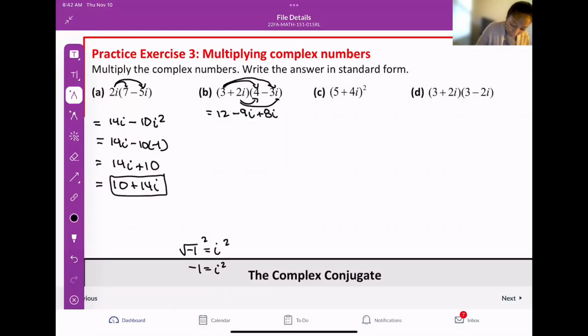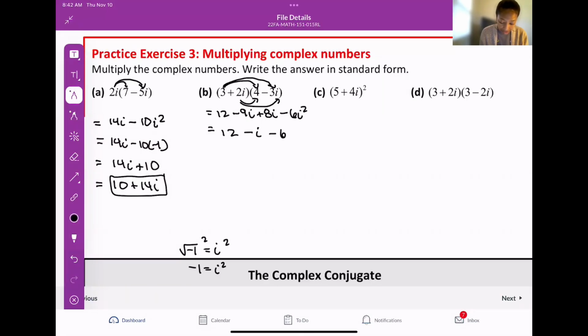And then minus 6i squared. So when we simplify this, we can combine the i's in the middle, the two middle terms. And then we also need to replace the i squared with a -1.